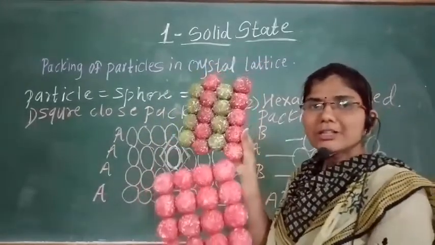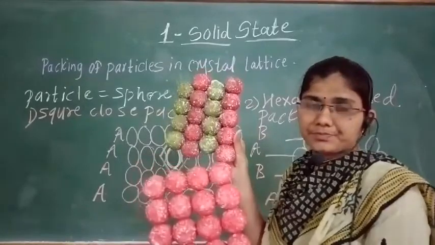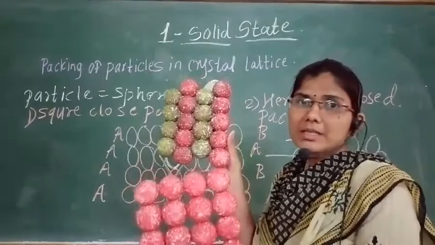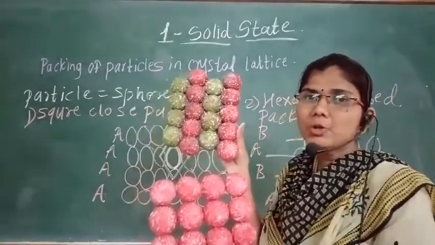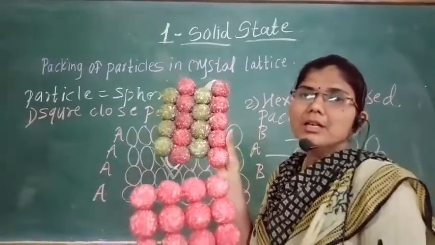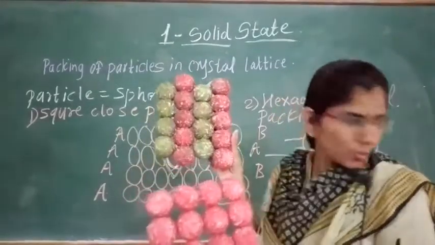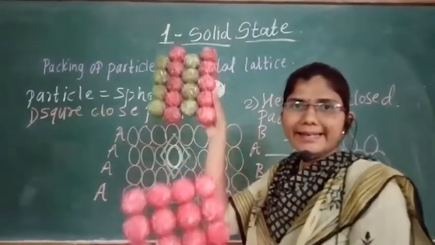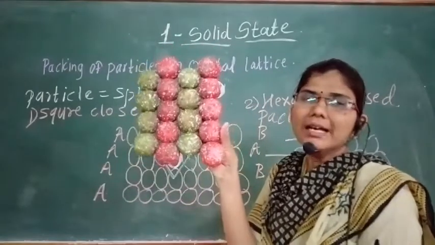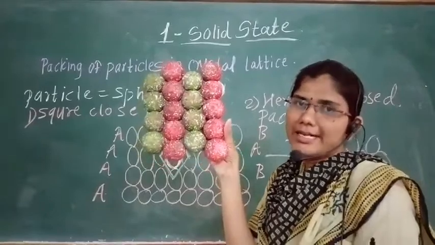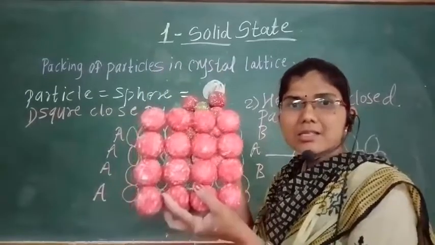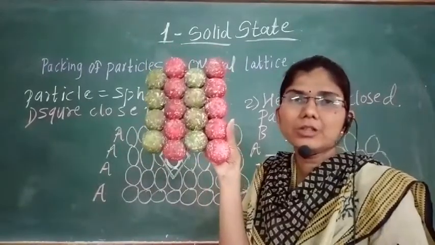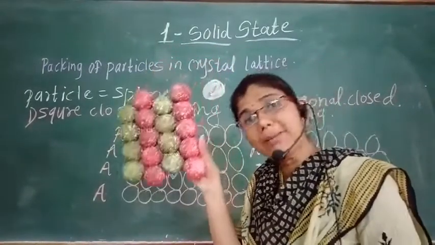So these are the two structures. Both are two-dimensional, but according to the arrangement of the rows one above another, there are two types of two-dimensional closed packing. This is the AA type of arrangement, and this is the AB type of arrangement. It is called a square closed packing arrangement, and a hexagonal closed packing arrangement in two dimensions.